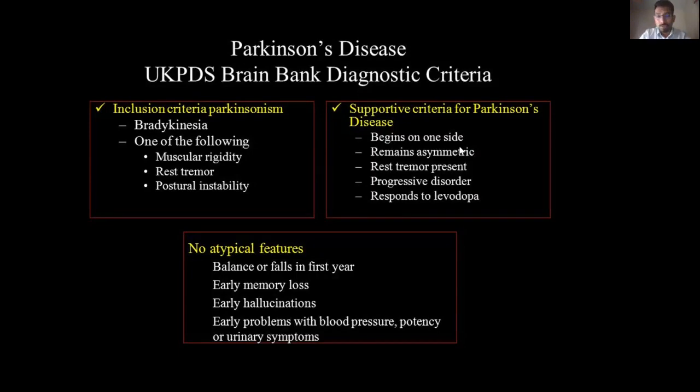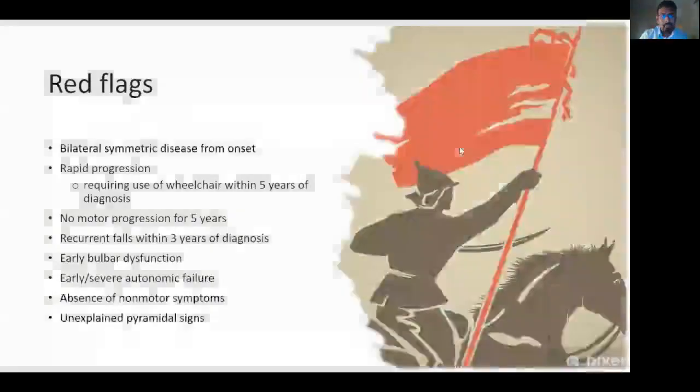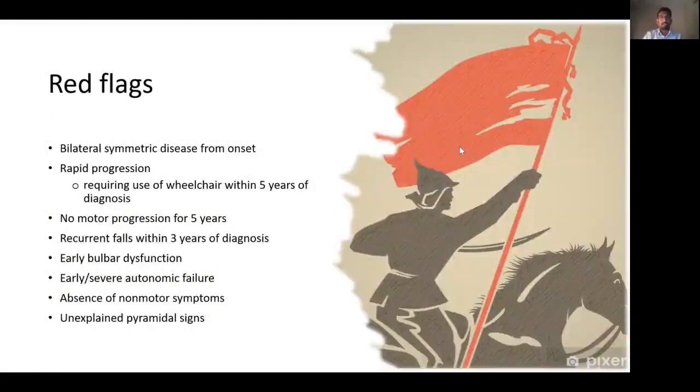If the patient responds to levodopa, then it's very likely to be Parkinson's disease. It's called a levodopa trial. We will talk about the atypical features in the next slide, which actually are red. It's called red flag, because if we see these features, we need to ask ourselves again whether it really is Parkinsonism or not.